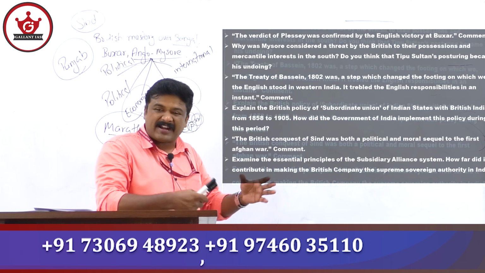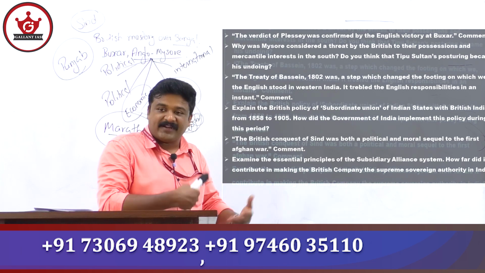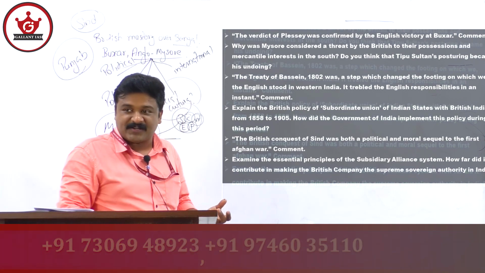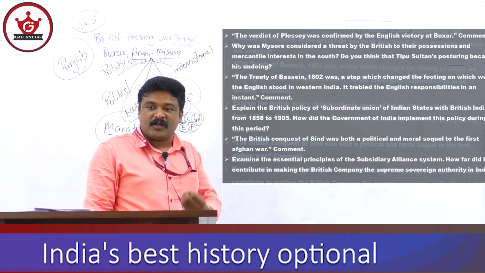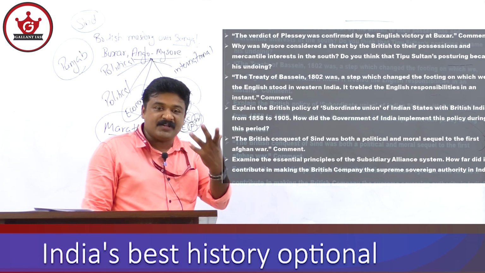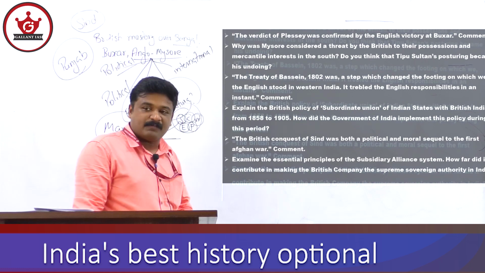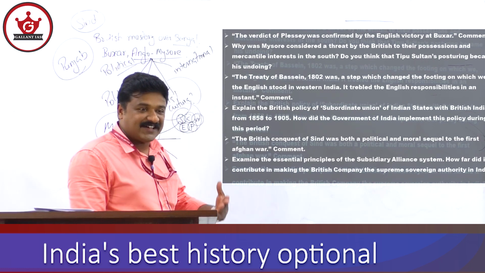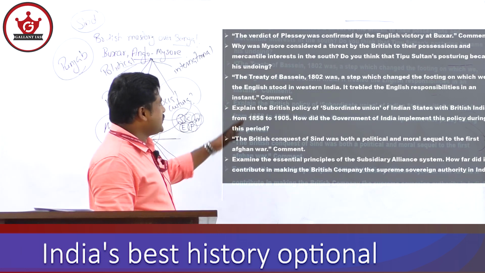Control of these very strategic ports in the south can be a reason. Their collaborations and diplomatic ties with these anti-British allies can be a reason. So why was Mysore treated as a threat to the possessions and the imperial interest of the British in the south? Do you think Tipu Sultan's posturing became his undoing? For which you have to cover first, second, third, fourth Anglo-Mysore wars. Am I right? Yes, the Treaty of Bassein.